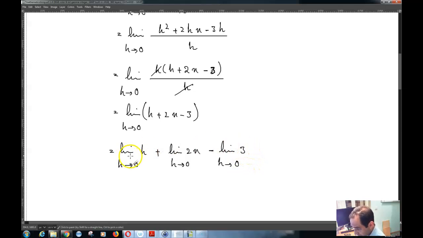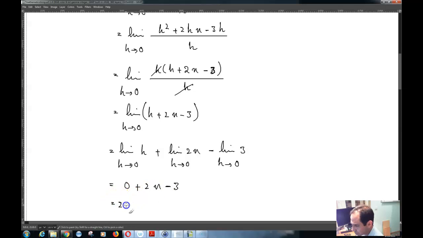So the limit of h when h tends to 0 is equal to 0. The limit of 2x as h tends to 0 is equal to 2x. And the limit of 3 as h tends to 0 is just a constant function, and the limit of this constant function is equal to the value of the constant function, which is 3.